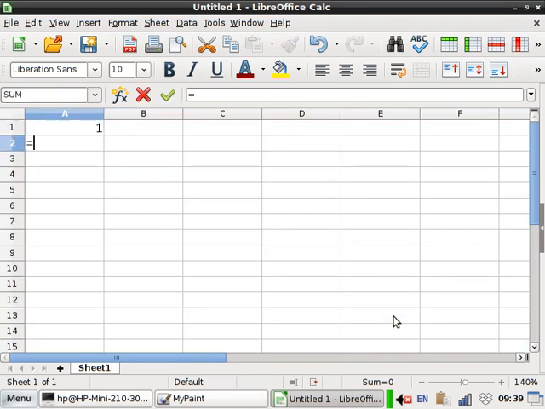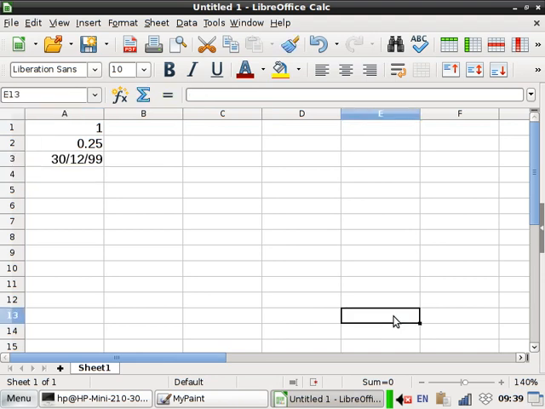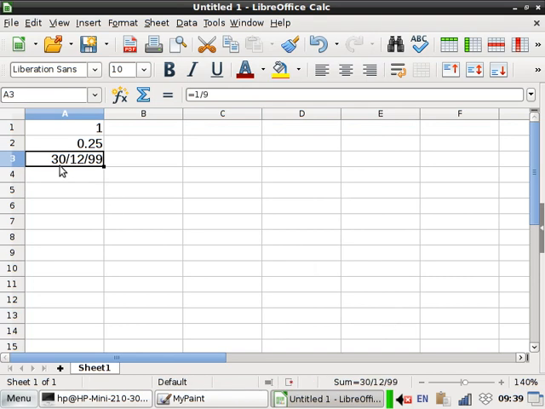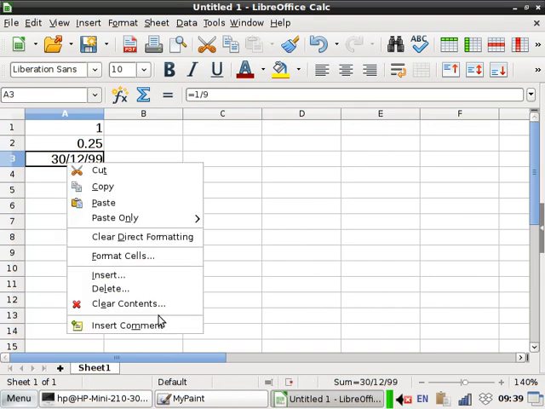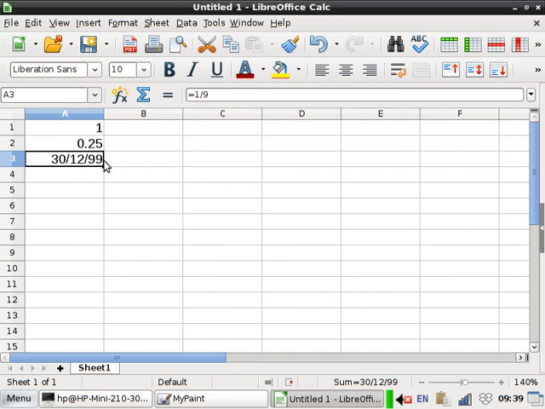Why does it think it's a date? What is 1 over 9? It's 0.1111. And then 1 over 16? There, no, I have it there.